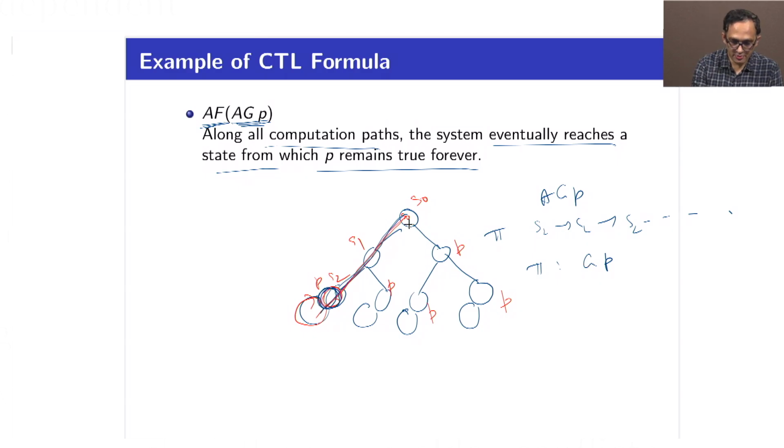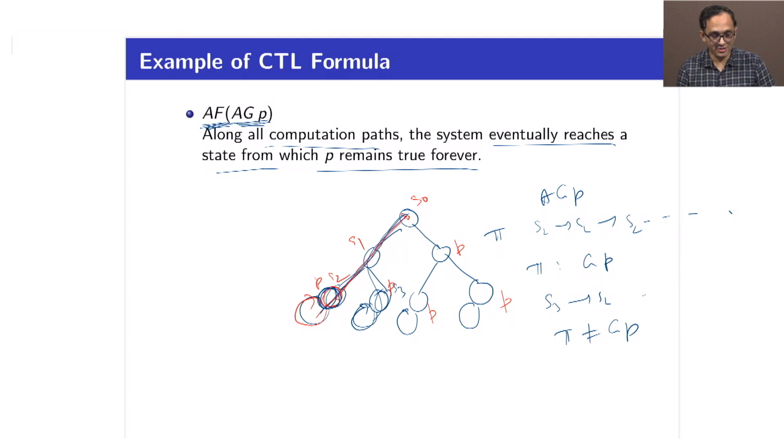Now, even for this path again I reach, say, S3 and then S3, S3, S3, that is a path satisfying G P. So, it is important to understand that you reach a state where P holds, and from there in all paths it should hold. So, I reach a state S3 where P holds, and from there in all paths P holds, because there is only one path.